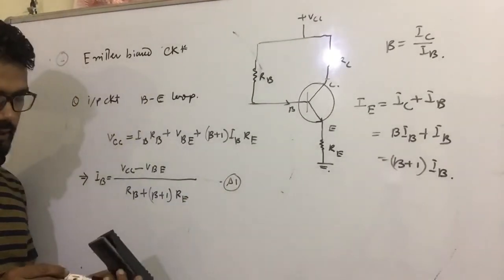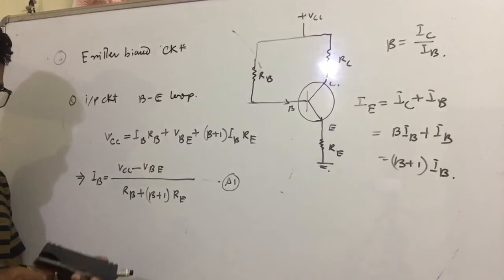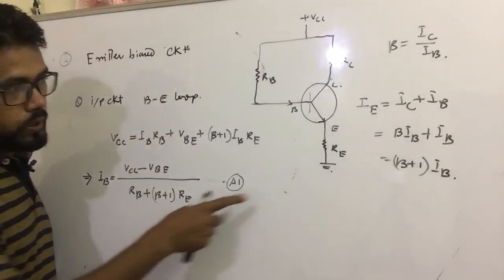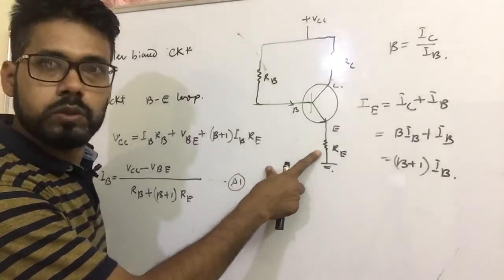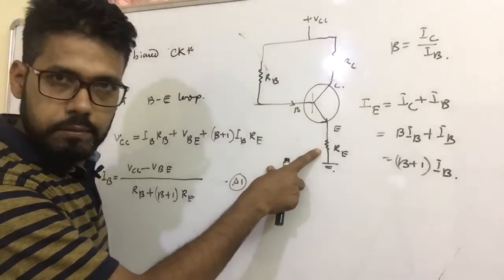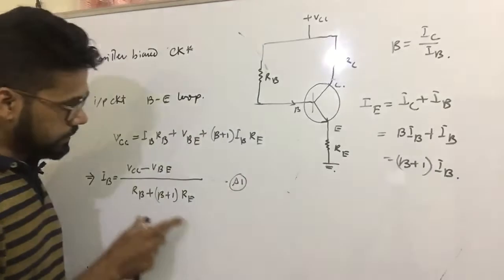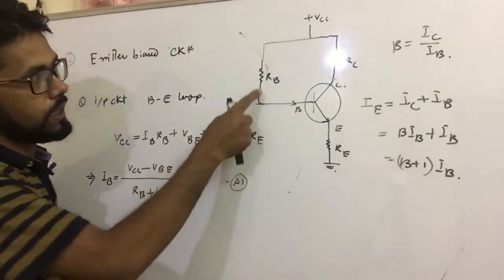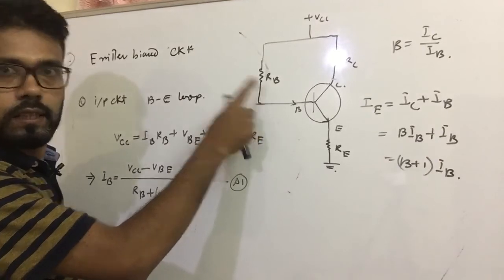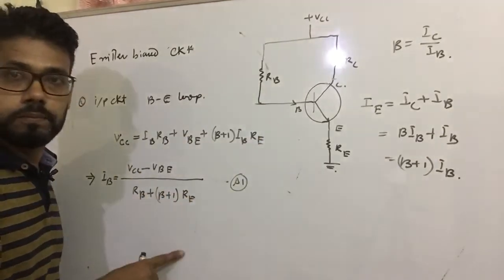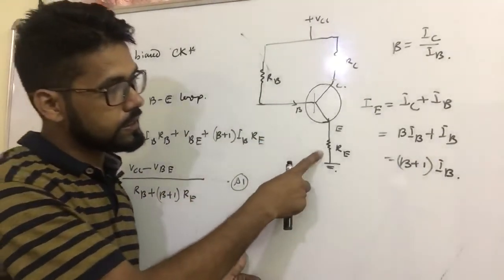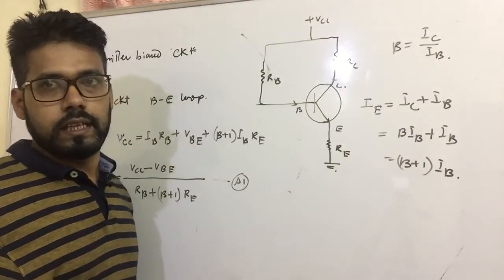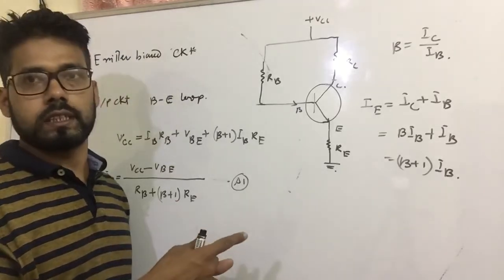What I am getting here is that with the introduction of the external resistance at the emitter terminal, that is RE, this part is introduced into the input resistance. Have you understood? That means this resistance RE is reflected back to the input circuit.